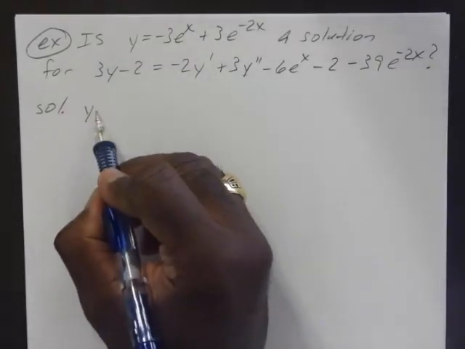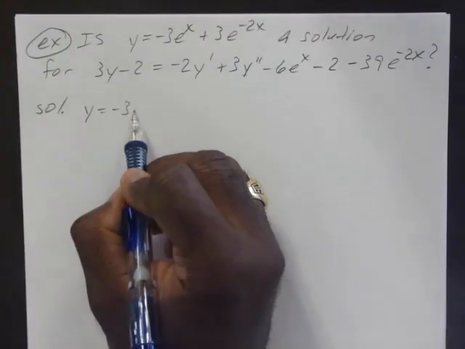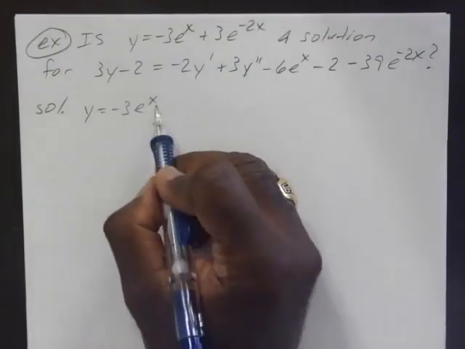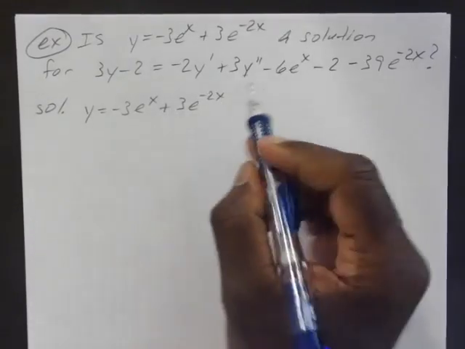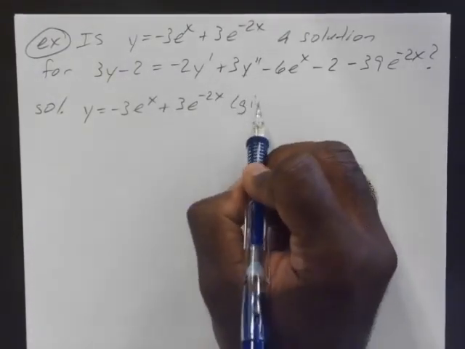Okay. So we know that y is equal to -3 times e to the power of x plus 3 times e to the power of -2x. That was our given.